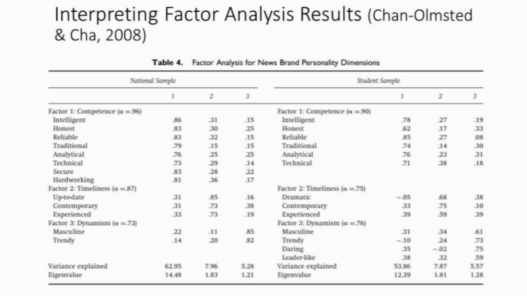So this is extraordinarily powerful. What we could do is we could use this scale to measure other channels for intelligent, honest, reliable, traditional, analytical, technical, secure, hardworking. Those seem to be the brand personality traits that are most indicative, most resemble, most explain TV news channels. So we could use that for Fox News, MSNBC, CNN, what have you. Let's keep going.